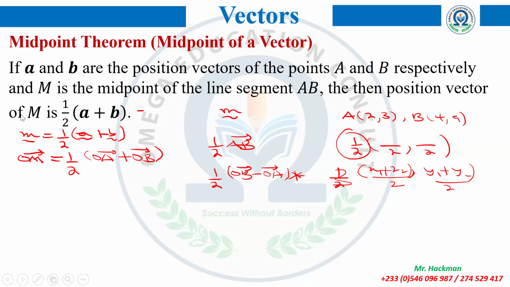So if you are using a special notation, take note. You can write M is equal to half of either A tilde plus B tilde or OA vector plus OB vector. Is this a vector?